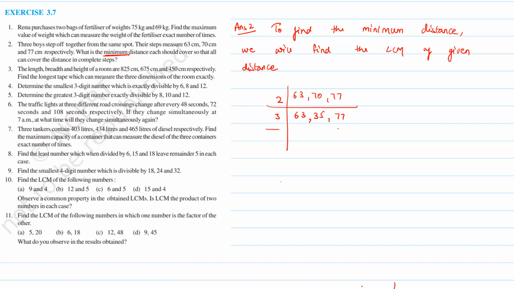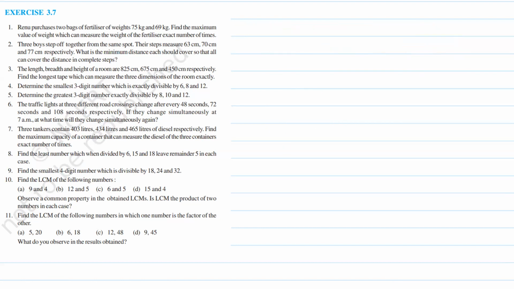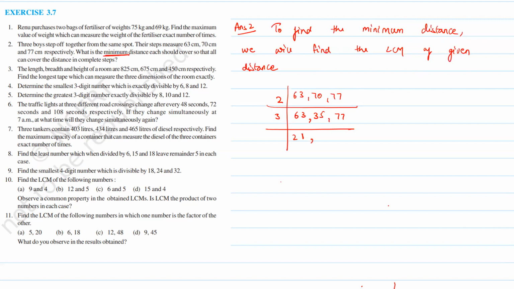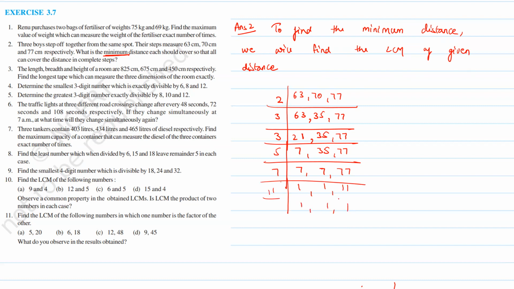Now it will be 3, 21, 35 and 77. Now again 3, 7, 35 and 77. Next will be 5, 7, 7, 77. Next will be 7, 1, 11. And next will be 11, 1, 1, 1.